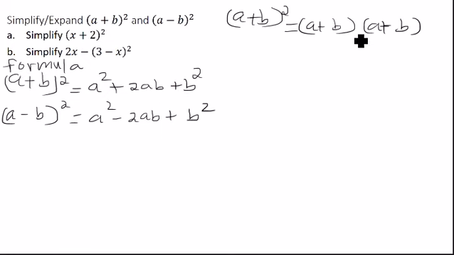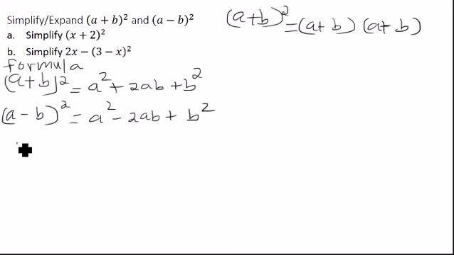And with the minus sign, of course, the last sign is going to be minus. We're going to do these two examples using the FOIL method as well as using the formulas. Later on, we'll always use the formulas instead of the FOIL method to save some time.